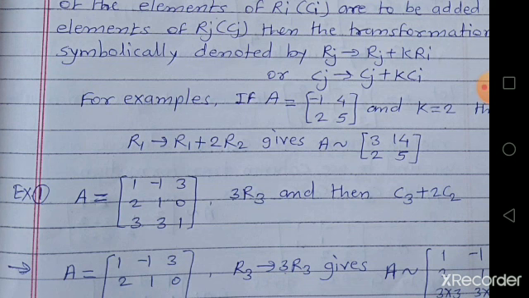Apply 3R3 and then C3 plus 2C2. That means first the third row is multiplied by 3, and then the second column is multiplied by 2 and added to the third column.